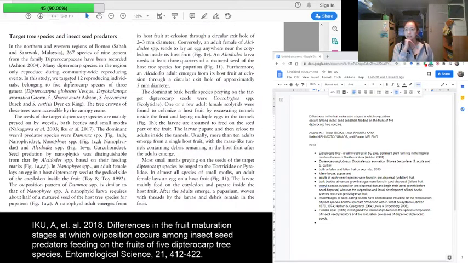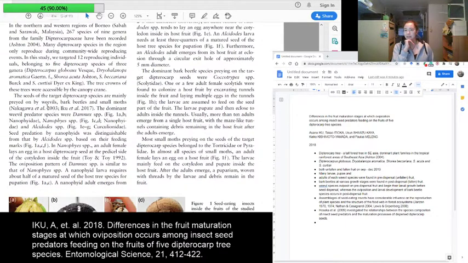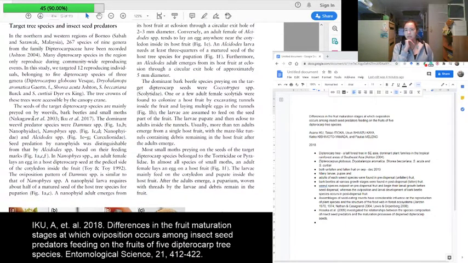So what's this? Target tree species and insect seed predators. The target species were mainly preyed upon by weevils, beetles and moths. We've already said that. Then we've got the dominant predator species of weevils, etc. We've got seed predation by nanophids. What's a nanophid? Let's quickly look that up.